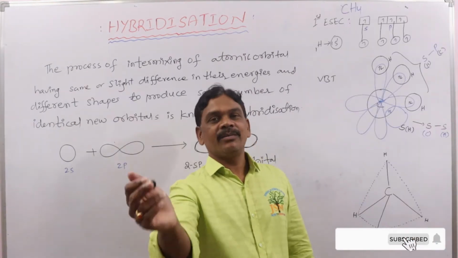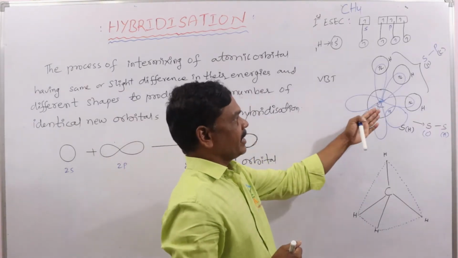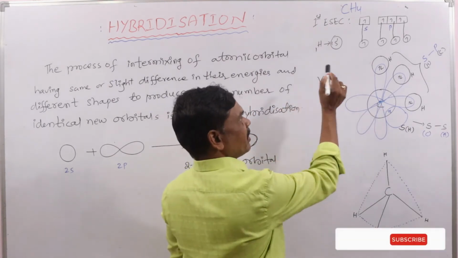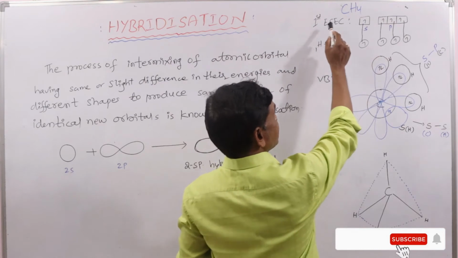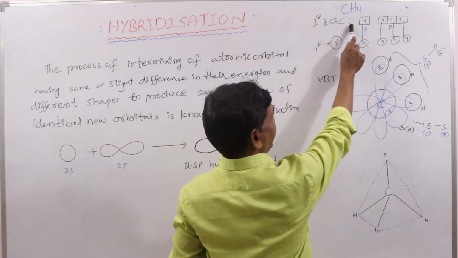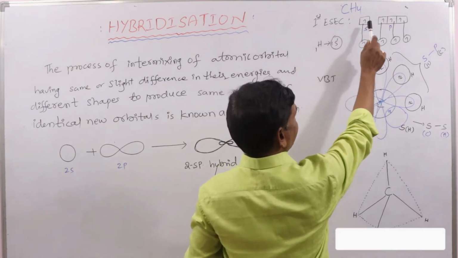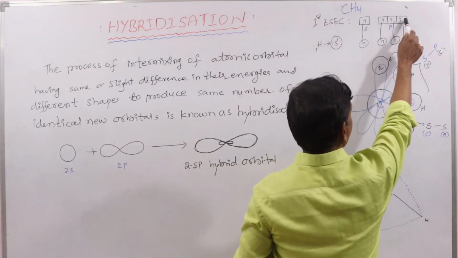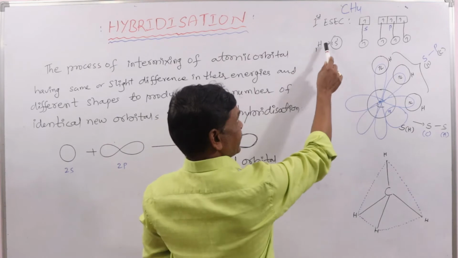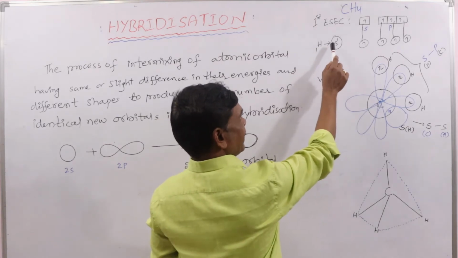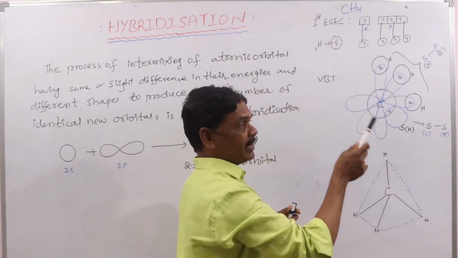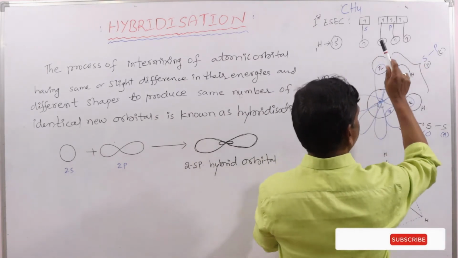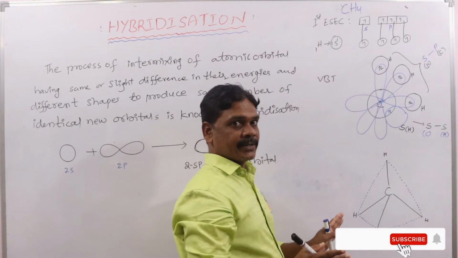In the previous video I have explained the structure of the methane molecule according to VBT, valence bond theory. In this, carbon in the first excited state has 4 electrons: one is in the s orbital and the remaining 3 are in p orbitals. We know that the hydrogen atomic number is 1 and electronic configuration is 1s1. So all 4 hydrogens have s orbitals with unpaired electrons.